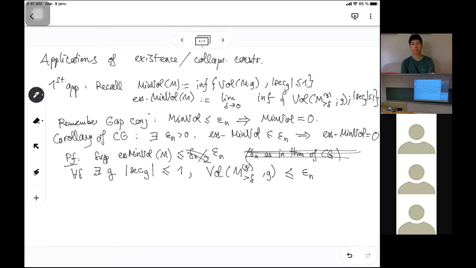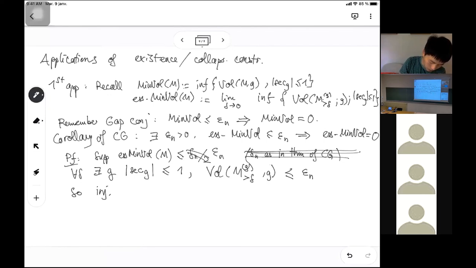But remember that for a metric with bounded sectional curvature, big injectivity radius means big volume of a unit ball, and conversely, if the injectivity radius is small, then the volume of a unit ball is very small. And here the volume of the whole delta thick part is very small. In fact, that means that the injectivity radius of this metric cannot be too big compared to the delta that you chose.